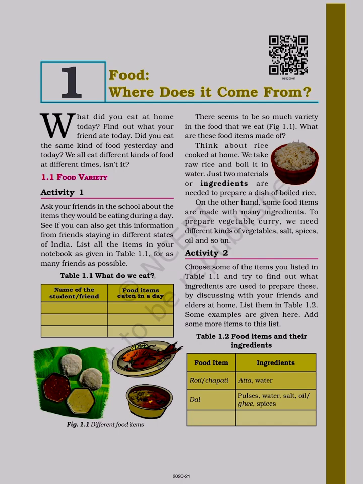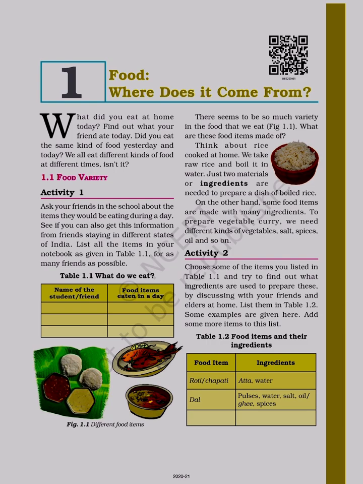Activity 2. Choose some of the items you listed in Table 1.1 and try to find out what ingredients are used to prepare these by discussing with your friends and elders at home. List them in Table 1.2. Some examples are given here. Add some more items to this list. Table 1.2. Food items and their ingredients.